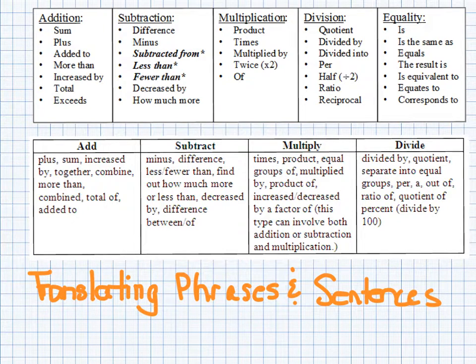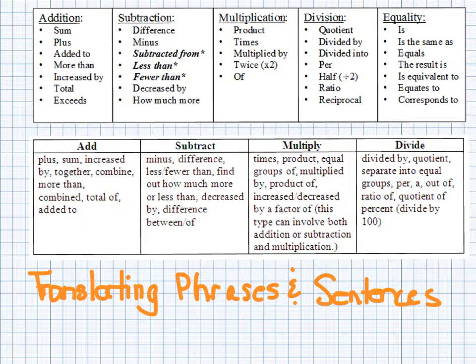Right now we want to look at what words here can help us understand a problem. And these are basically the same two boxes, but these things help us translate a math problem, and particularly an algebra problem. So we've already talked about this multiple times, but let's just go through this.